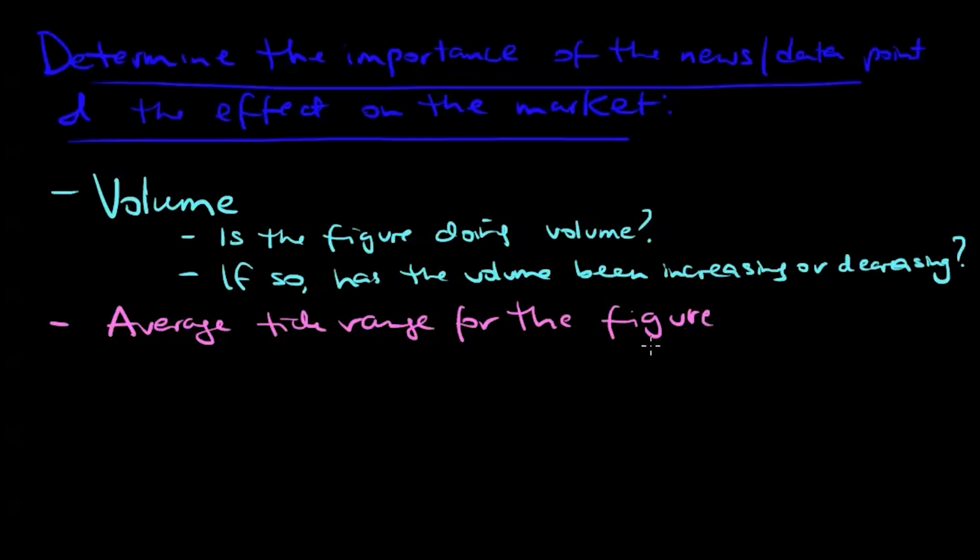If you really want to be precise, you can look back at all the figures, look at the frequency of it moving 10, 20, 30 ticks, or be a bit more granular, 10 and 15, 15 and 20 ticks, and look at what the frequency is. If every time this figure comes out we're seeing a 30 tick move, I know that if the market moves that much on that figure in that hour or 2 hour period, I'm looking to get out of the market somewhere there. So just have an idea of the average tick move on the figure.